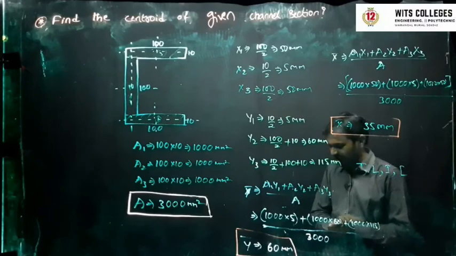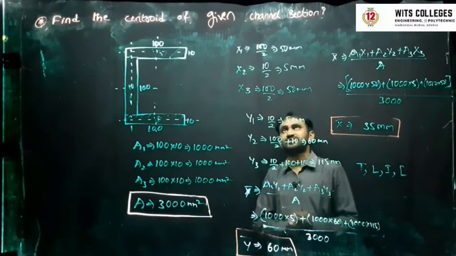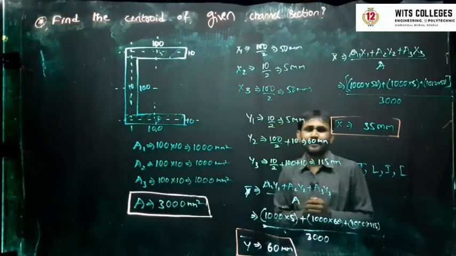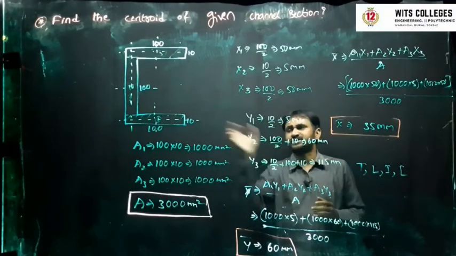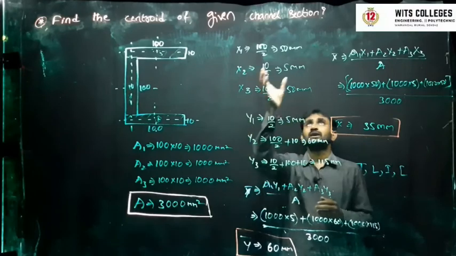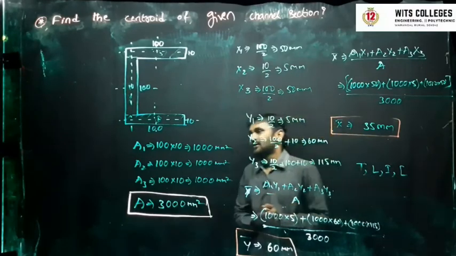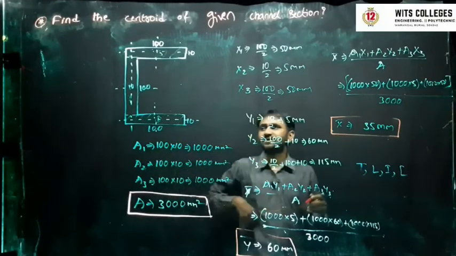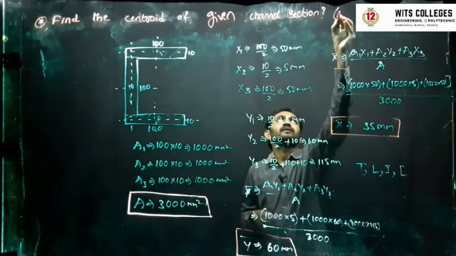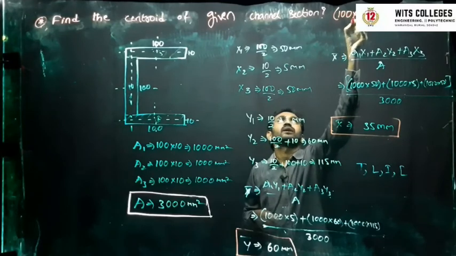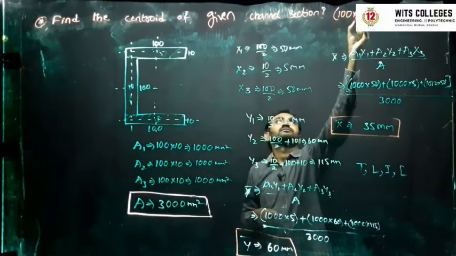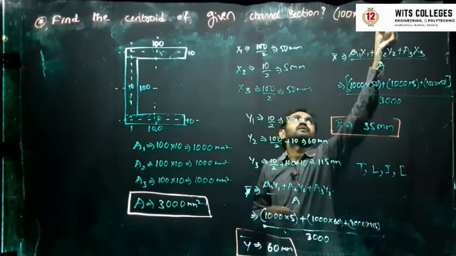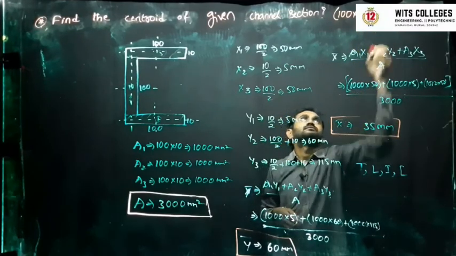In the question he may give you as channel section or this, and in most of the questions actually he doesn't give this diagram directly, he will give in the format of this. So if this question is given in words, he will say 100 into 120 into 10 mm. This will be the question.